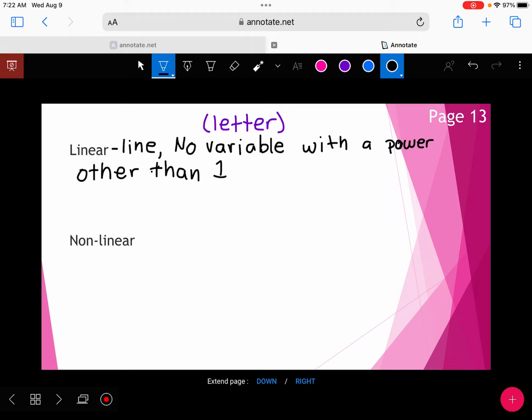And we have two different forms for our linear equations. We can write it in slope-intercept form, which should hopefully be familiar. And our slope-intercept form, that's our y equals mx plus b. So if I can make it look like y equals mx plus b, it's a line.